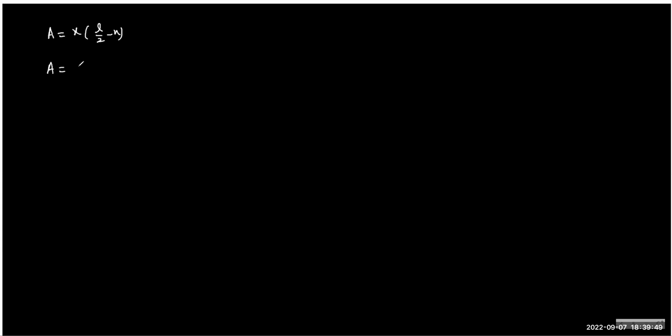This is pretty easy. I can write it as x times L by 2 minus x, that is L by 2 x minus x square. So to find the maxima or minima of A, what can you do? For A max, what can we do? We always differentiate once, isn't it?